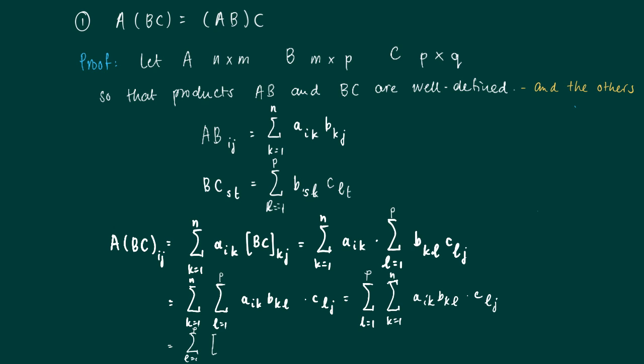And then we may regroup these elements, because the sum over a_ik b_kL is just the ILth element in AB, times c_Lj. L is 1 to p, which is just the ijth element in A times B times C.